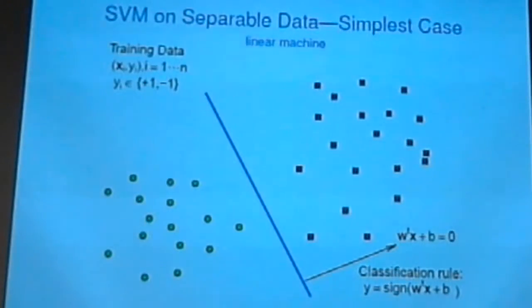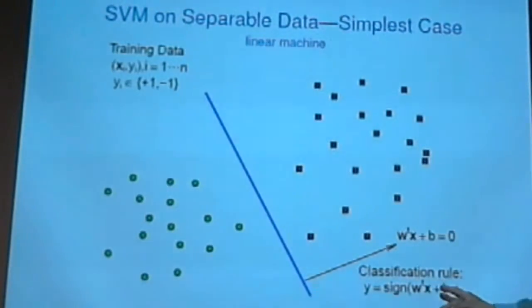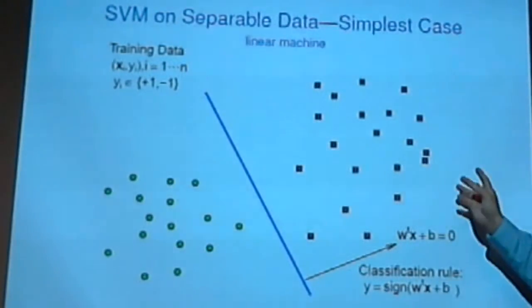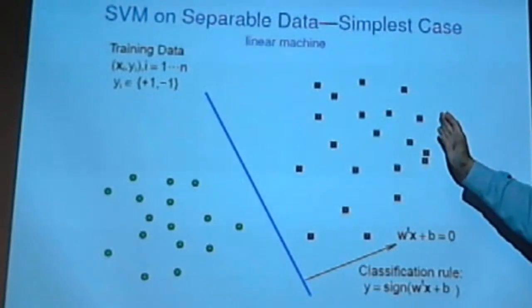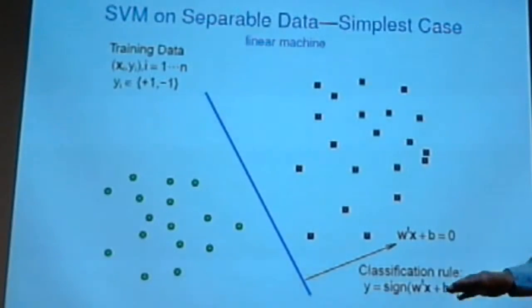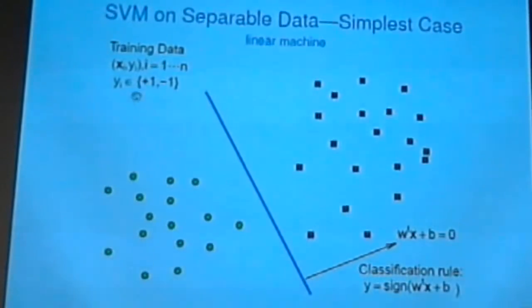Because with completely separable data, any feature vector will result in either a positive sign or a negative sign, so you should be able to completely separate them. For convenience, you use yi to be plus 1 on this side, minus 1 on this side.